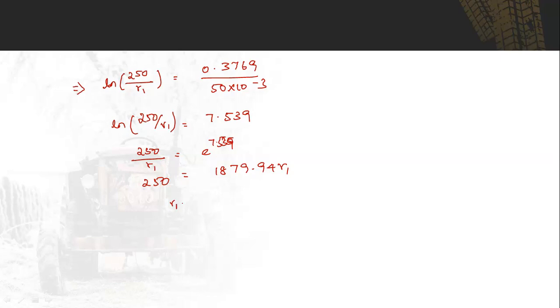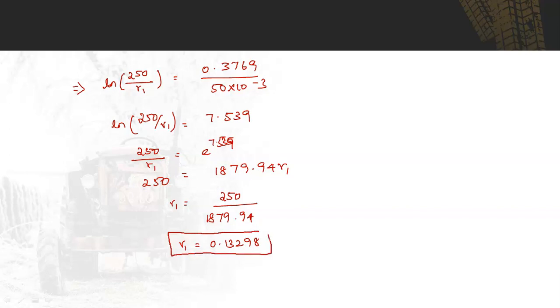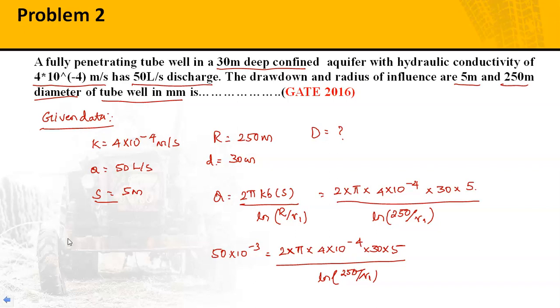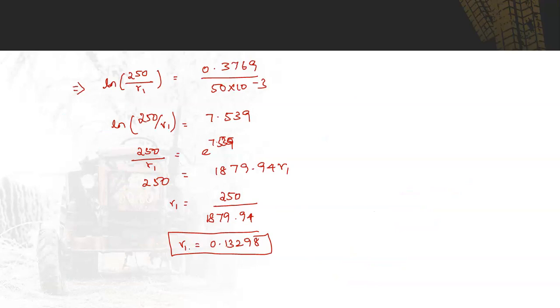So R1 is equal to 250 divided by 1879.94. So you can get the R value. R1 is equal to 0.13298. In the question they are requested to find the diameter of the tube well. So you want to find the diameter. So radius you have got.